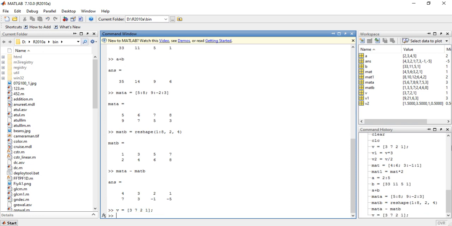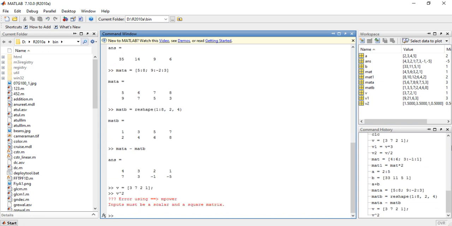Now if you want to find the square of this vector and you use the command v raised to power 2, this will display the error: input must be a scalar or a square matrix.